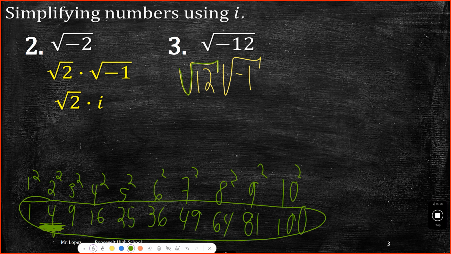He should be out. Why? Because 12 is the same as 4 times 3. What is 4 times 3? 4 times 3 is 12. And what is the square root of 4? If you want me to rewrite 4, that 4 is the same as 2 squared.